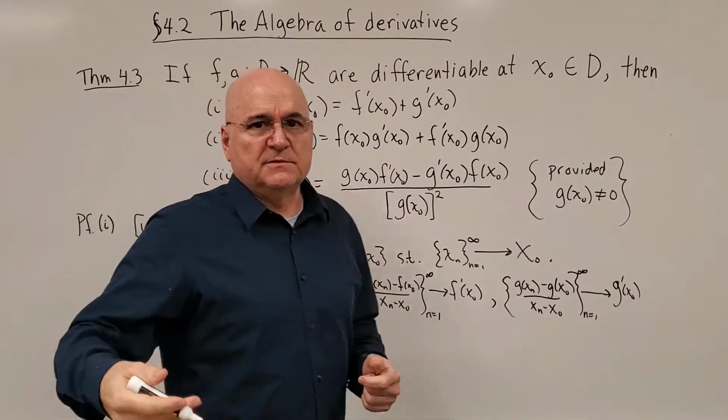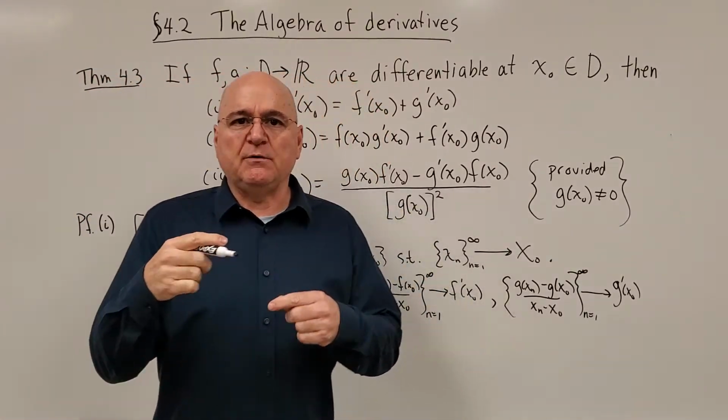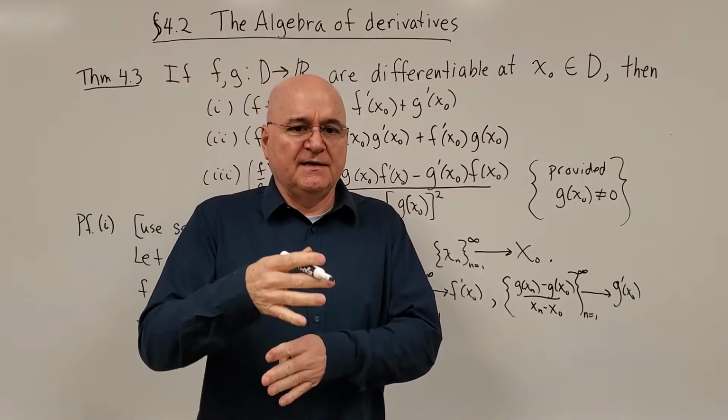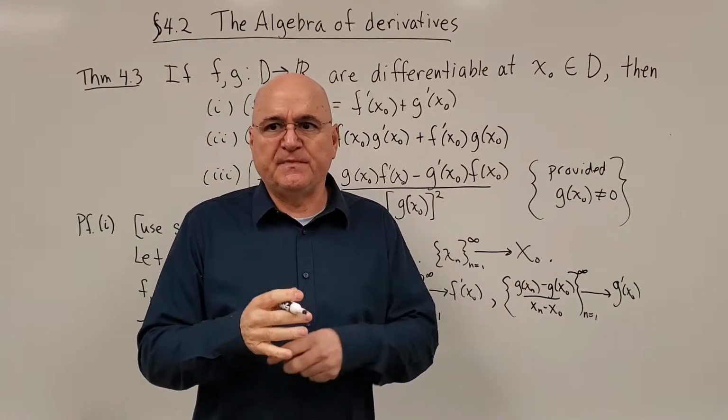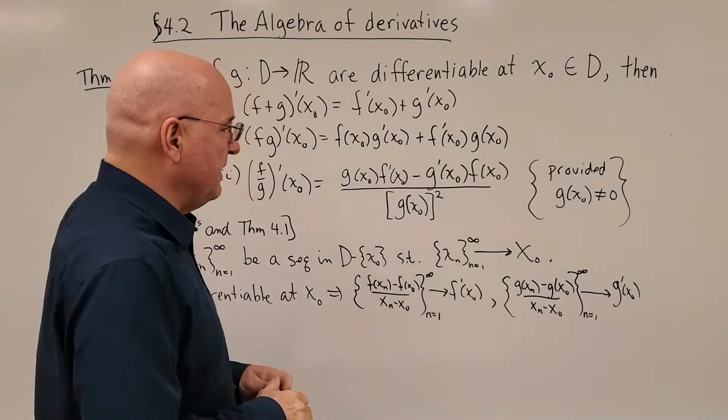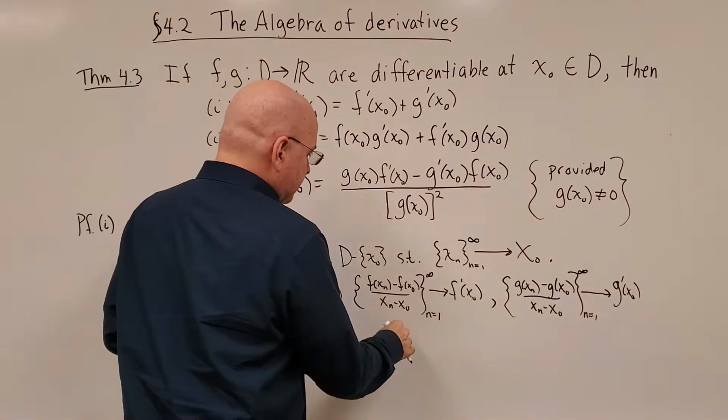And we know from long ago that if we have two convergent sequences and come up with a new sequence where we add them term by term, they're going to converge to the sum of the two limits.